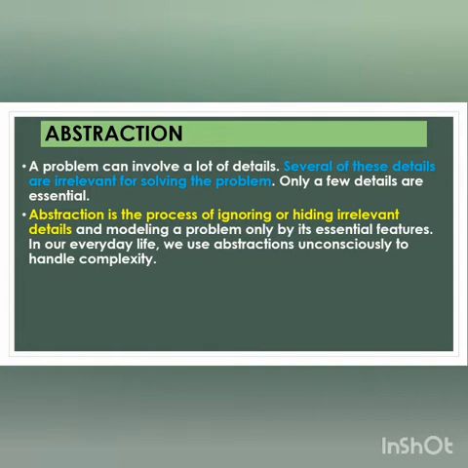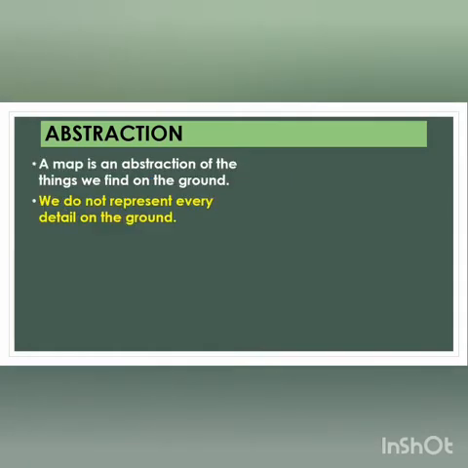Other than that, the irrelevant details are ignored. So, this is the concept of abstraction. What is abstraction? Abstraction is the process of ignoring or hiding irrelevant details and modeling a problem only by its essential features.